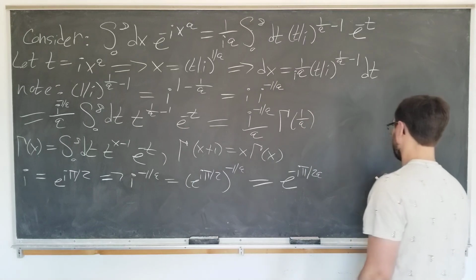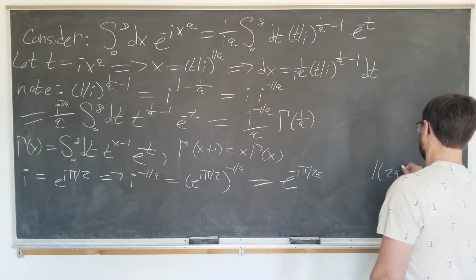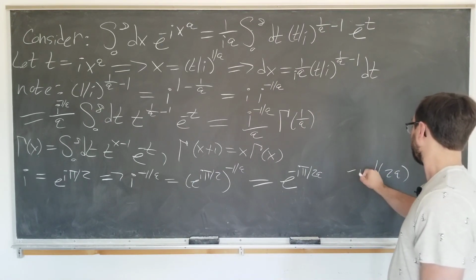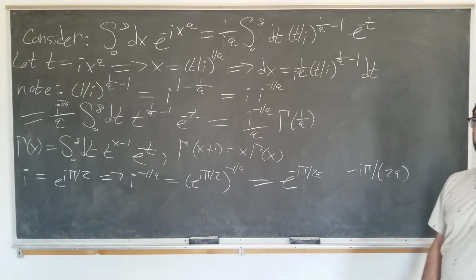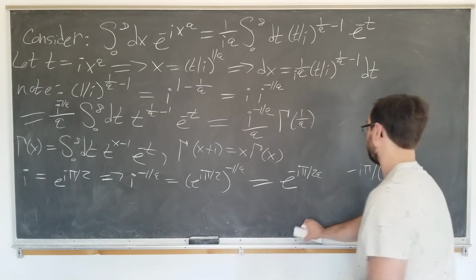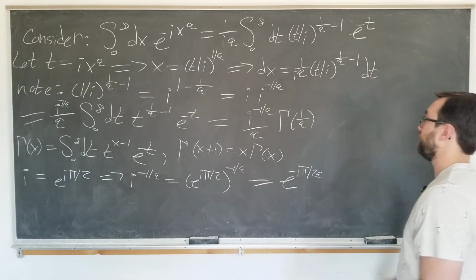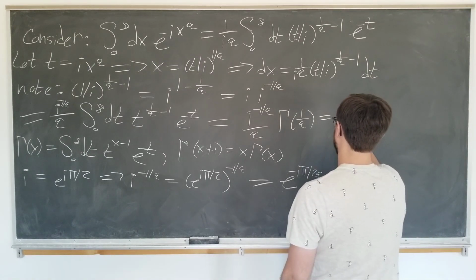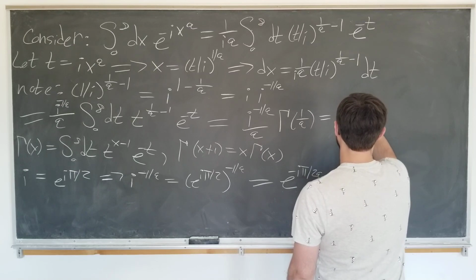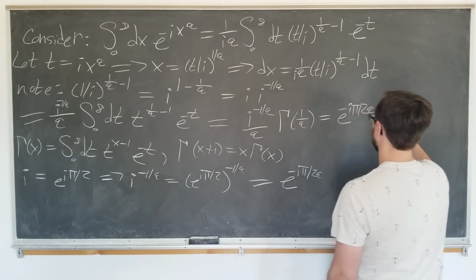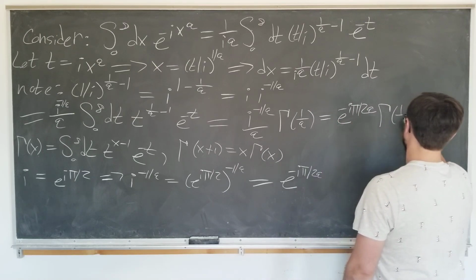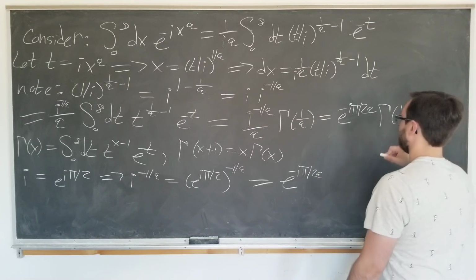It's really over parentheses 2 over a, but I'm not going to write that since you can understand. And yep, that's good. So now we have e to the minus i pi over 2a times gamma of 1 over a plus 1 as our final result.